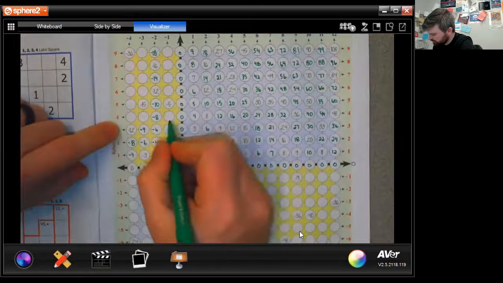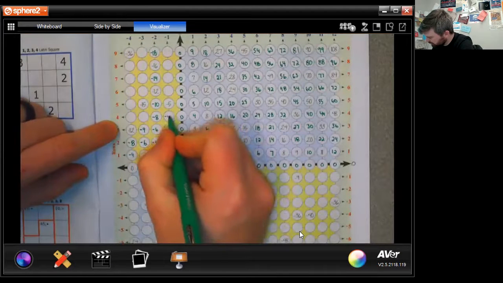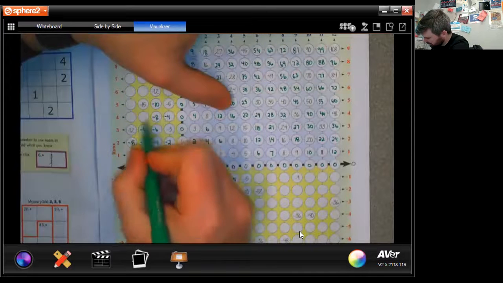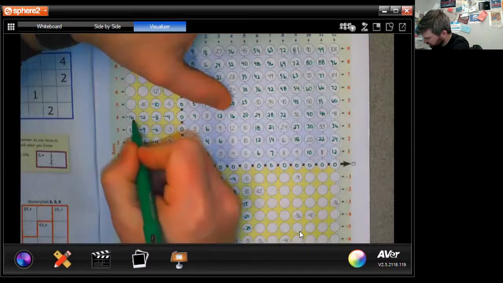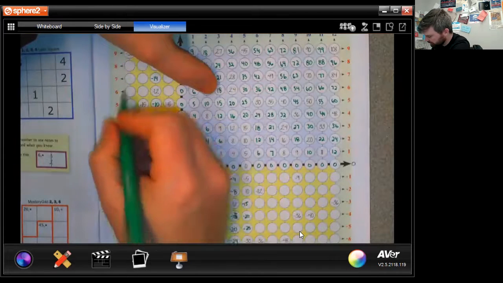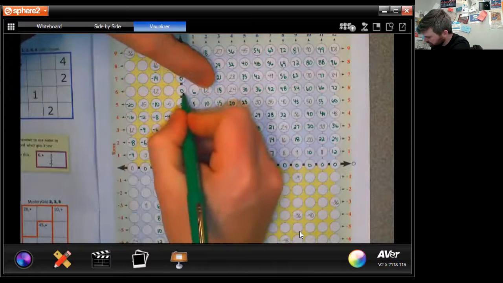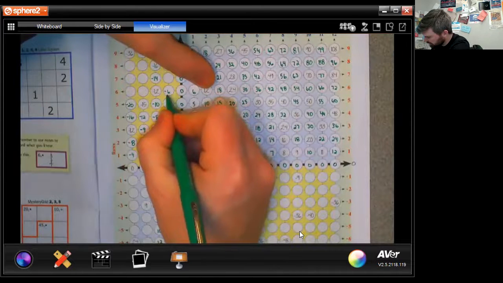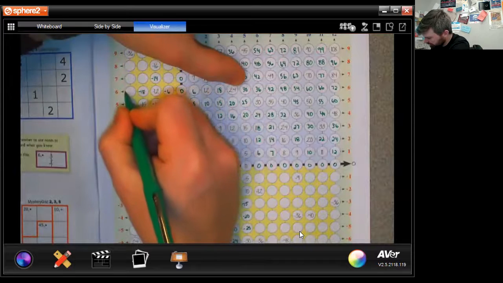So starting in row 4, we have 4, 0, -4, -8, -12, -16. Row 5, 0, -5, -10, -15, -20. Row 6, we have 0, -6, -12, then -18, and -24.